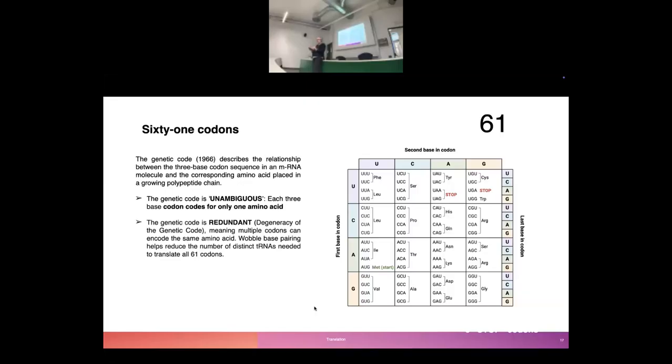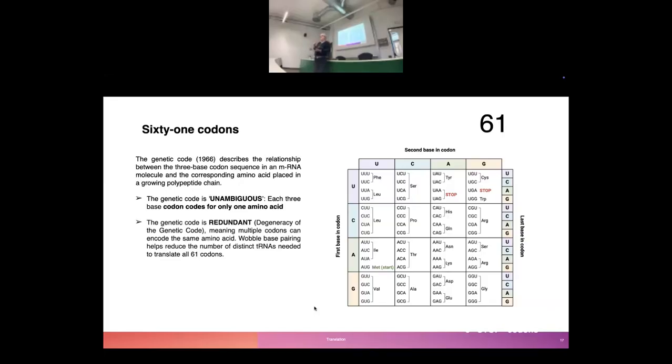So it's unambiguous, meaning that each codon codes only for one amino acid. Okay? While one amino acid can be encoded by more than one codon. That's the redundancy aspect.